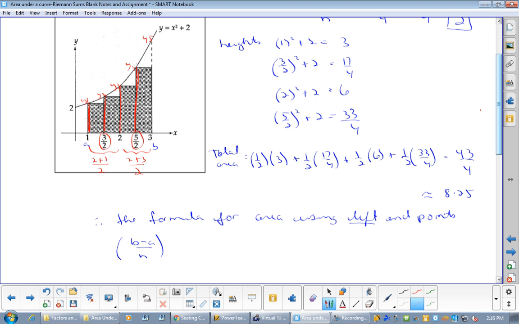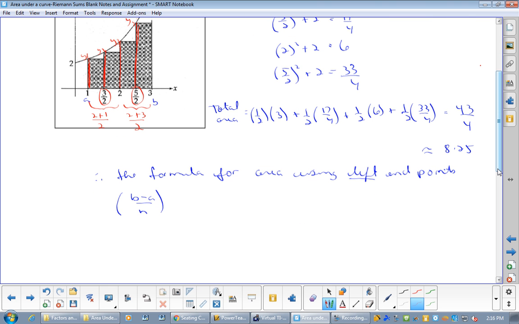So it's always going to be times, now my heights are y0 plus y1 plus y2 plus y3, and it'll always be yn minus 1. So in our case, we had 5 different heights, right? But we're going to count the first one as y0, not y1. Okay? When we do right, as you'll see in a second, that will be y1, and we'll go all the way to y5 in that case.